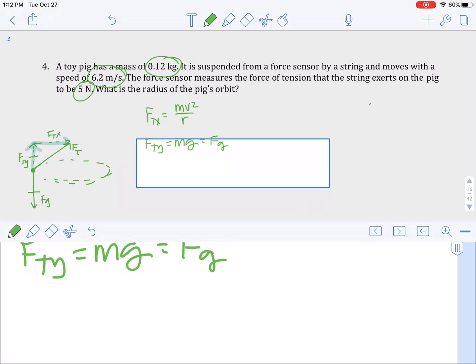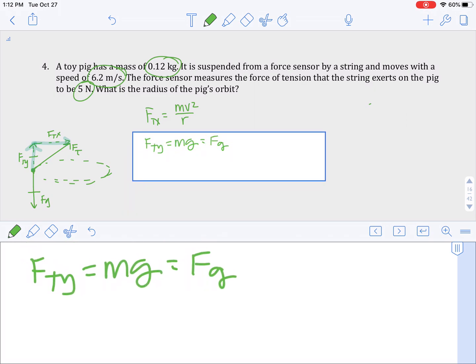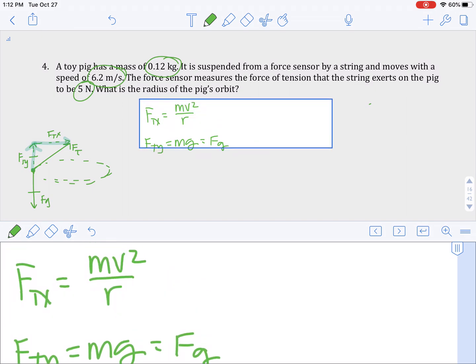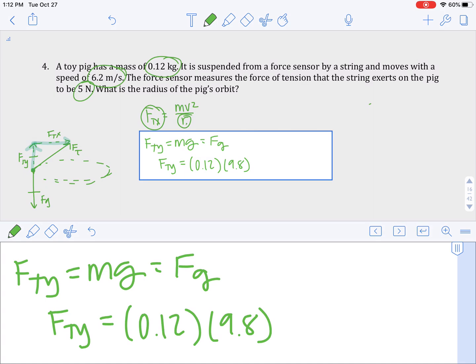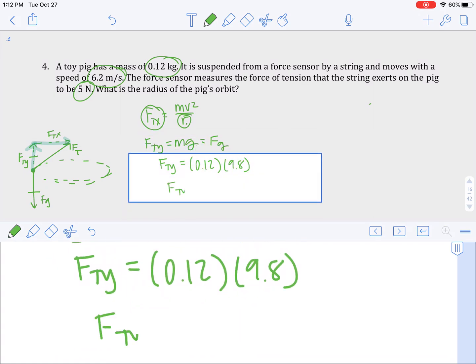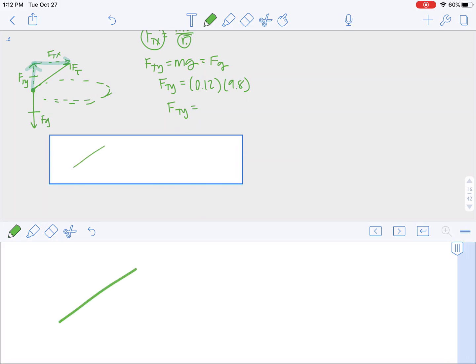We can solve for FTY. I'm just going to start to solve for FTY because basically to solve for this radius, I'm going to need to calculate FTX. So I can solve for FTY because I know the mass. But once I know FT, and I know FTY, I can figure out what FTX is, because I have two sides of this triangle.